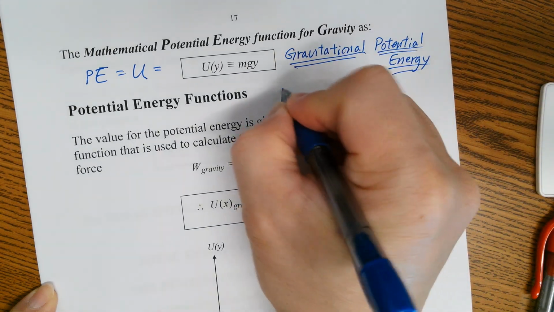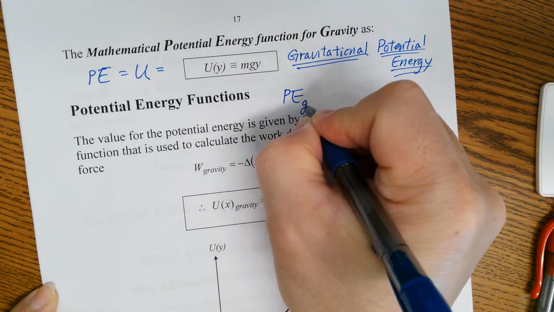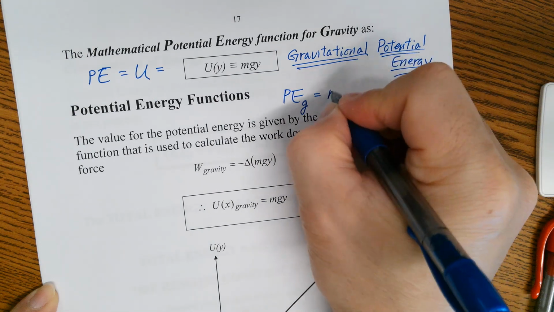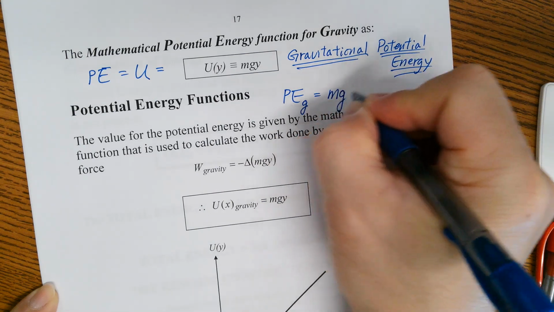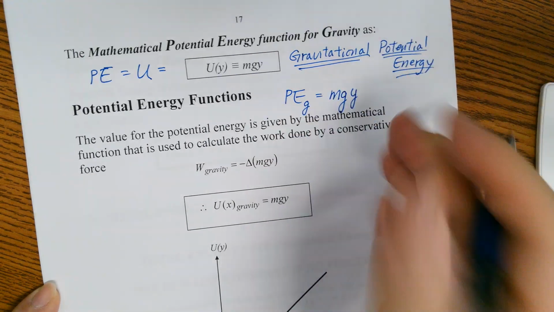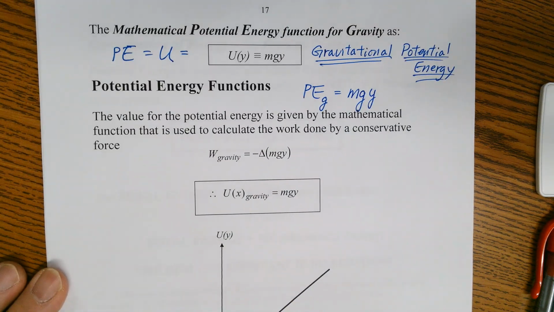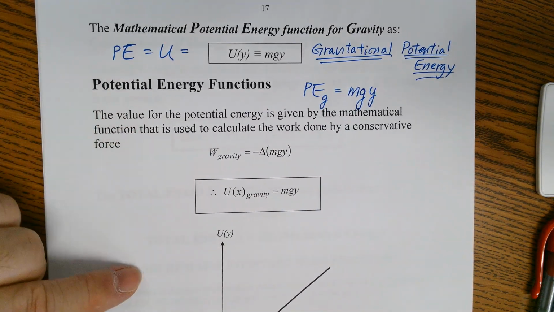So you could say potential energy sub G is equal to mgy, or simply mgh for height.